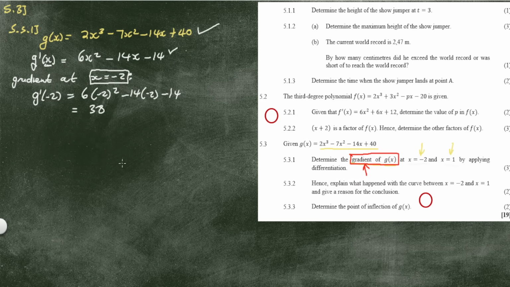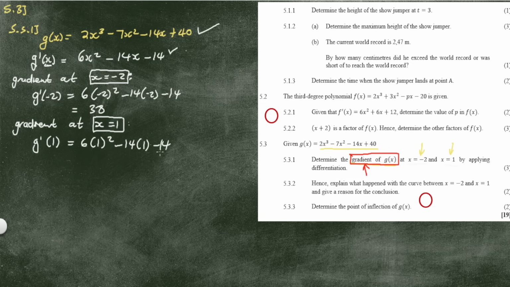For this function, gradient number 2, at x equal to 1. G prime of 1, 6 times 1 squared minus 14 times 1 minus 14.